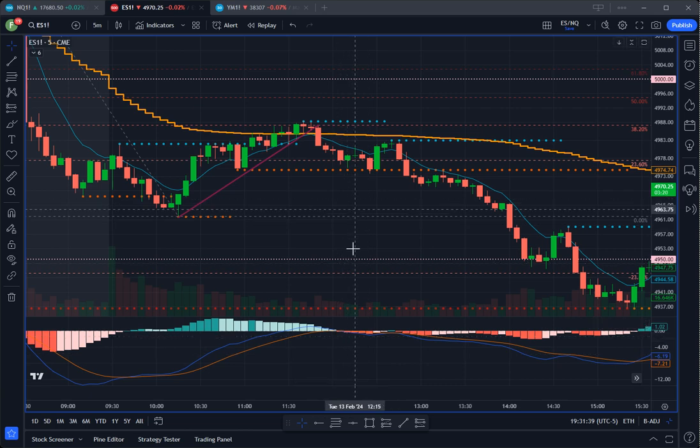I personally do not use the MACD like that. I just use it to look at momentum and see if it's drying up or if it's ready to converge. So if I would have entered here, then obviously we could have seen that it's starting to go down. The MACD momentum is starting to go down.